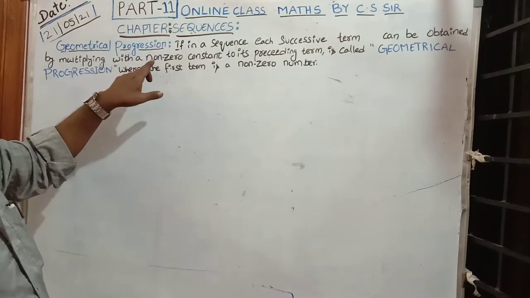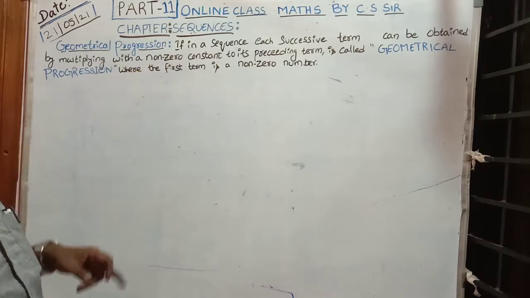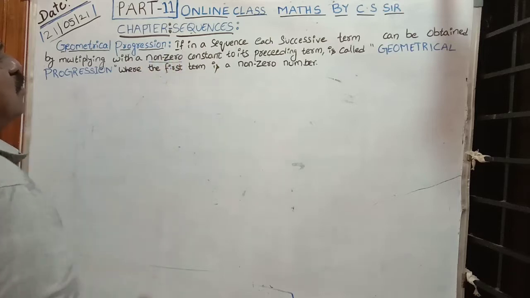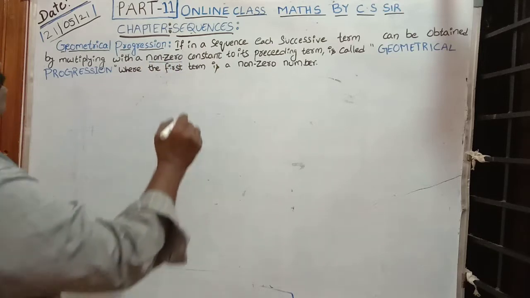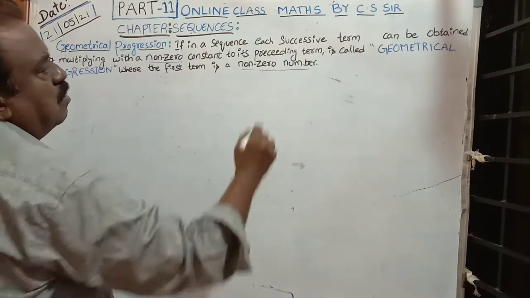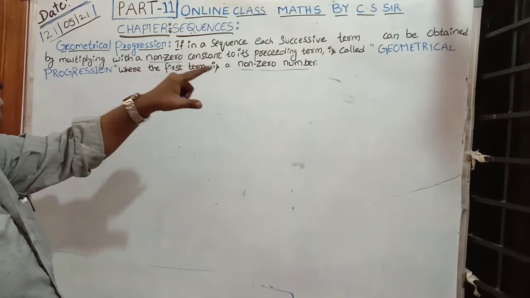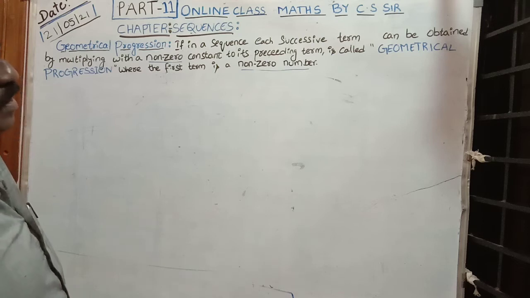That constant must be non-zero. That is important. Where the first term is also a non-zero number, then that sequence is called a geometrical progression.